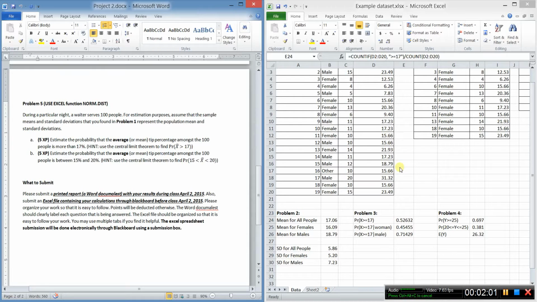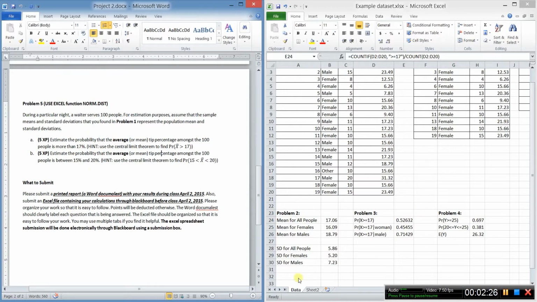If I keep on serving 100 people every night, how often will I have an average tip that's more than 17%? What's the probability?